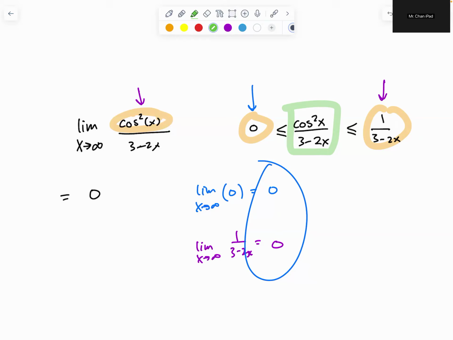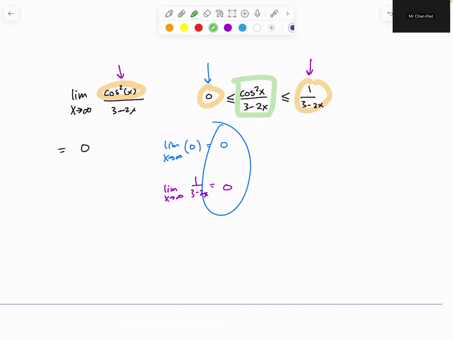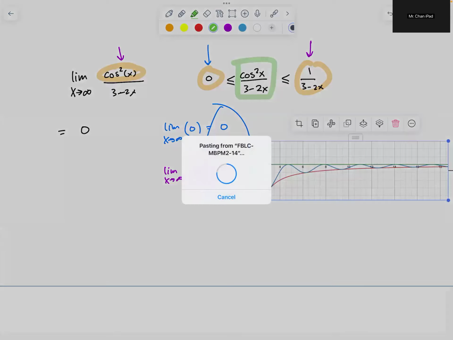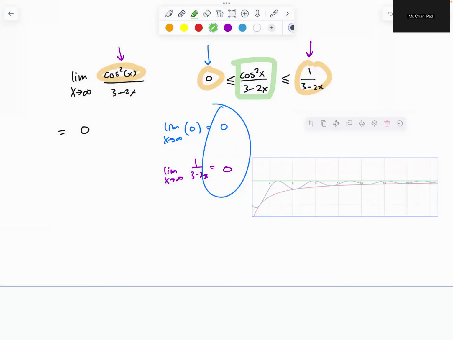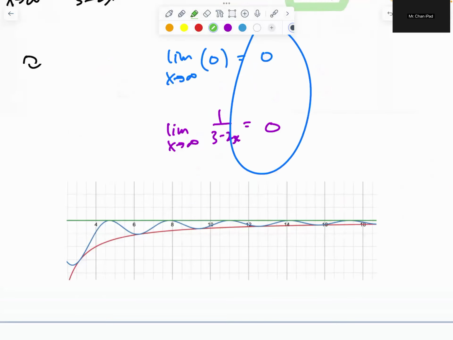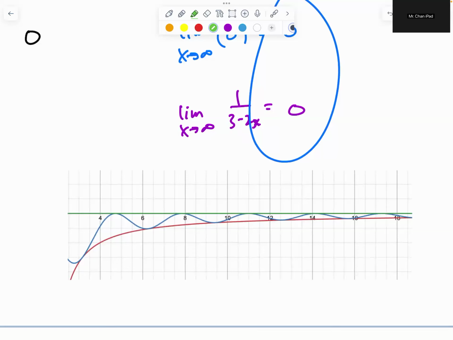Let me go ahead and amplify the graph, -1 and 1, just to show you how the graph is going to look. I hope this can show you the boundaries more vividly.